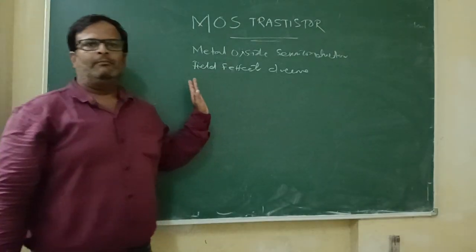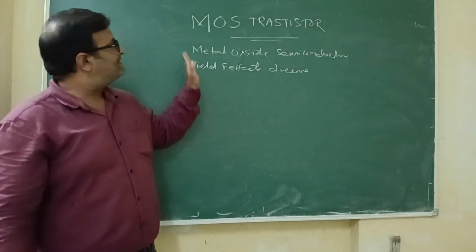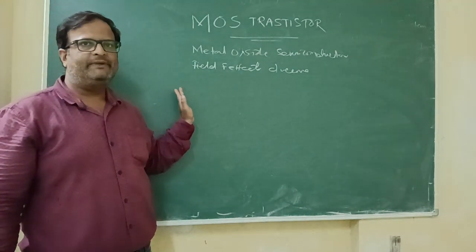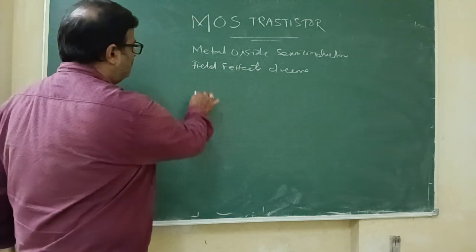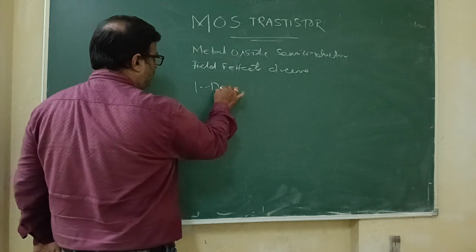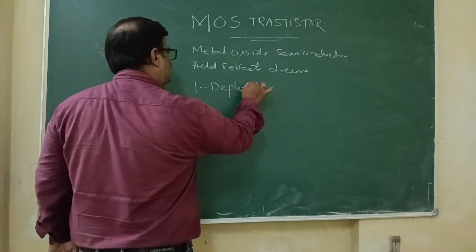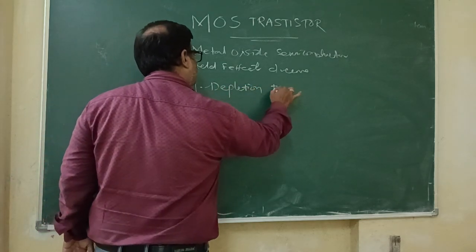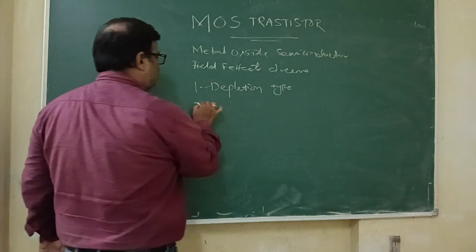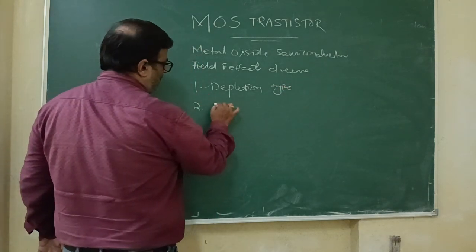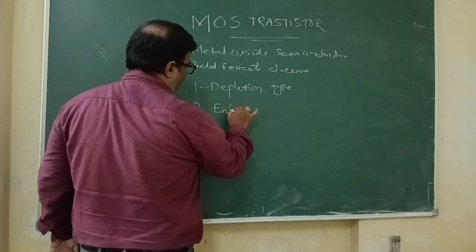So MOS transistor is again divided into two main types. One is depletion type and the second one is enhancement type.